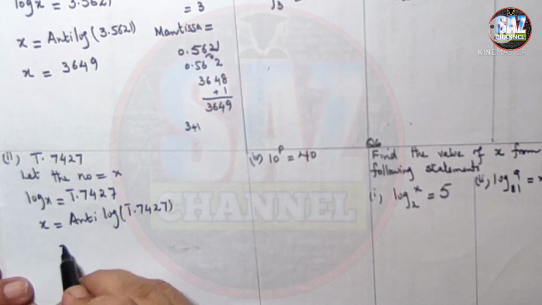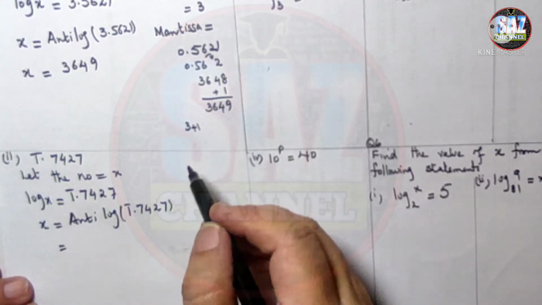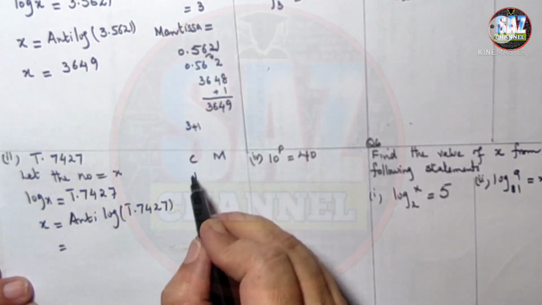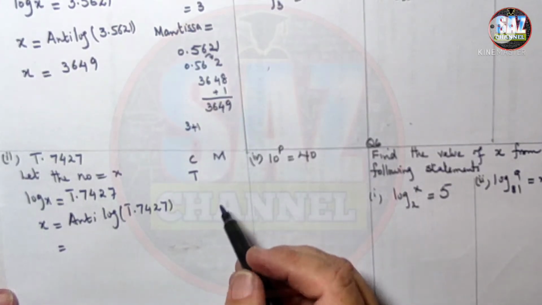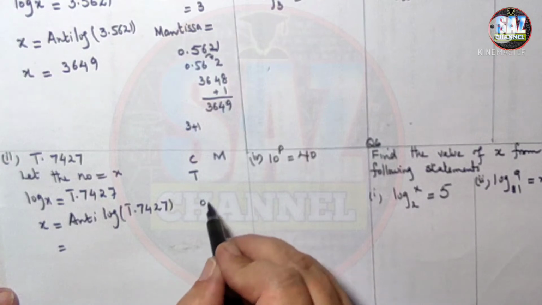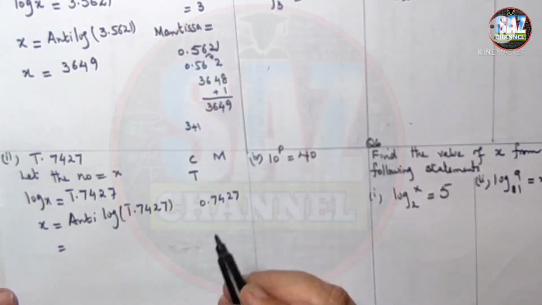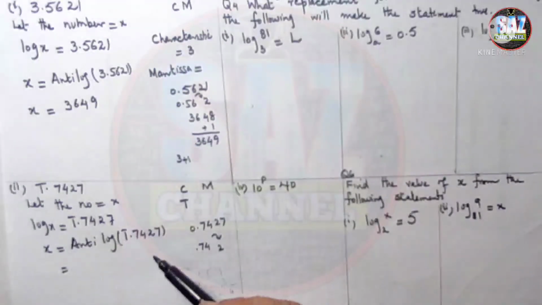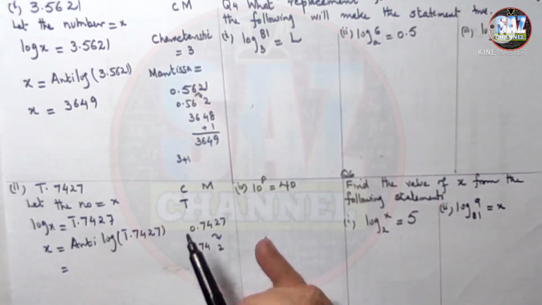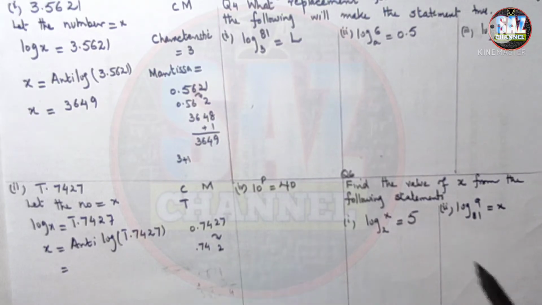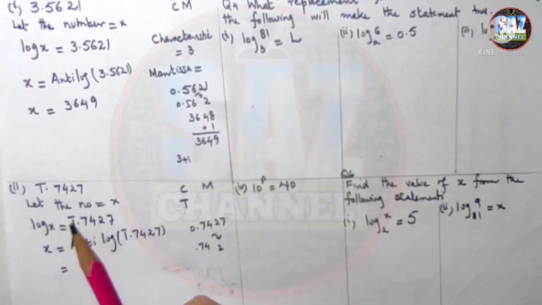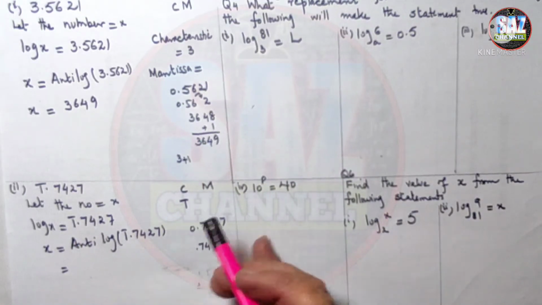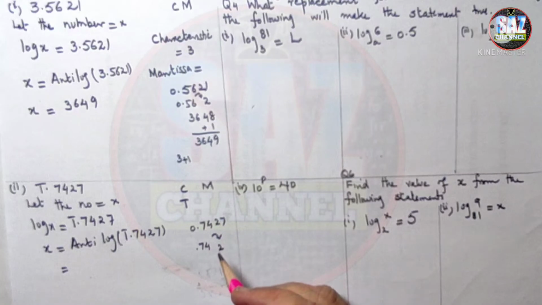As this is the information about the log, the log of any number consists of two parts: the characteristic, which is 1 bar, and the mantissa, which is 0.7427. Again, I go to the antilog table and locate 0.74 in the column of 2, which gives me 5521.